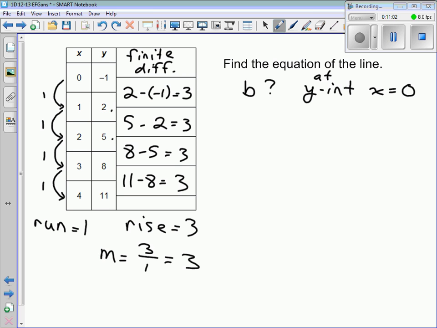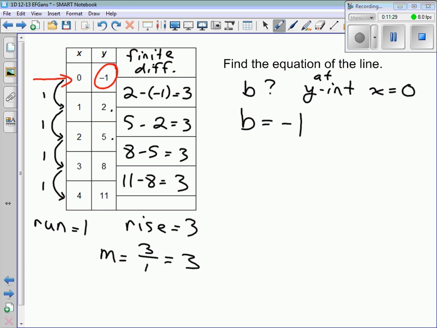Andrew, what do you think? Where is x equal to 0 in this table? First row. Right. So big red arrow. What is the y value in that first row? -1. So that is our value for b. b equals -1, because when x is 0, y is -1.